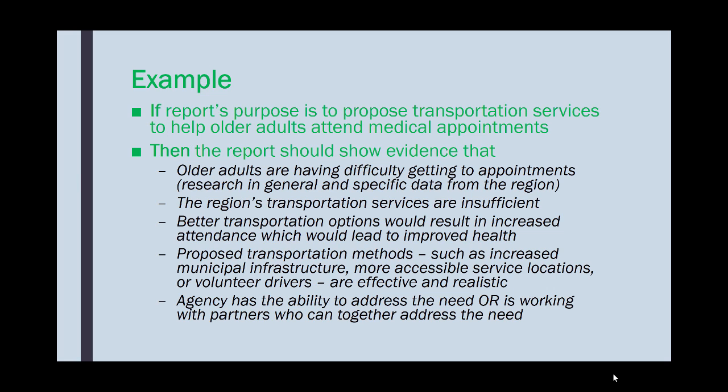The agency has the ability to address the need or is working with partners who can together address the need. So some proposals may suggest methods that are beyond the capacity of a single agency to do. That's when you need to get partners to all come together, and maybe together they can accomplish the purpose.